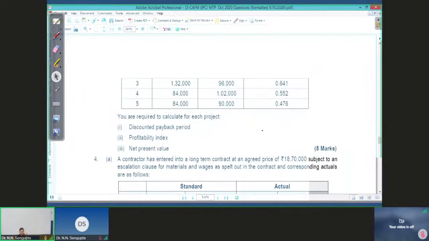Normal payback is where you are not taking the discounting factor into consideration. But for profitability index, obviously we will be taking the discounting factor into consideration. So all three, whether it is discounted payback, PI, or NPV, net present value, all three require the discounting factor.